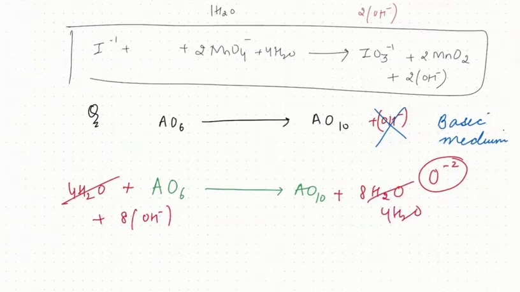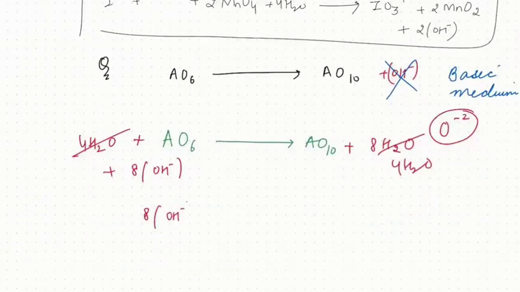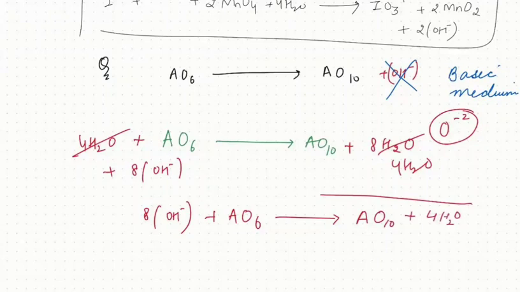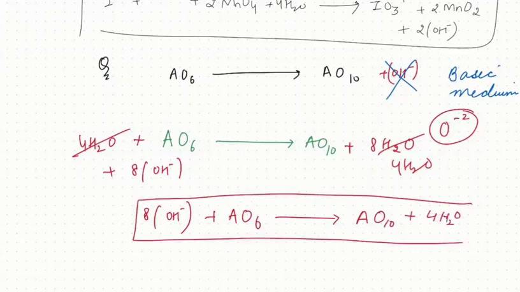And hence you get 8OH negative plus AO6 gives me AO10 plus 4H2O. Are you understanding? Yes, I understand.